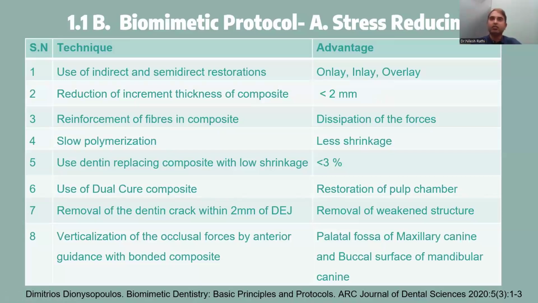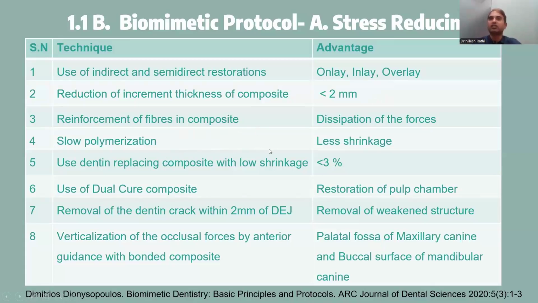Any resin will always have polymerization shrinkage on curing. The shrinkage can be minimized when you use fiber reinforced composites. The addition of fibers to the composite with a slow polymerization method will help us reduce the shrinkage of the composite restoration.